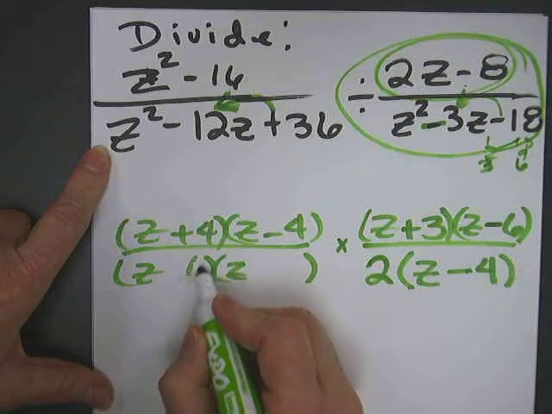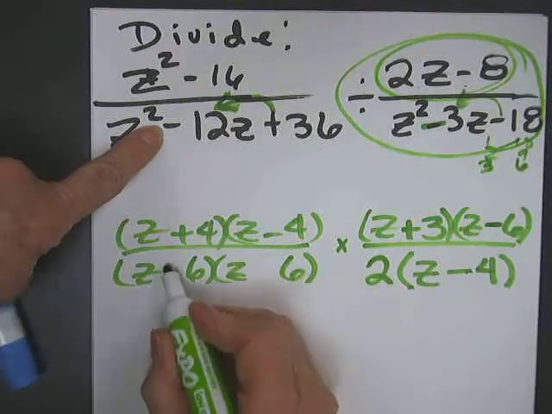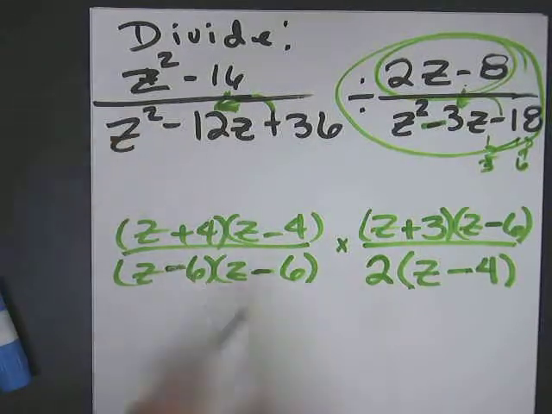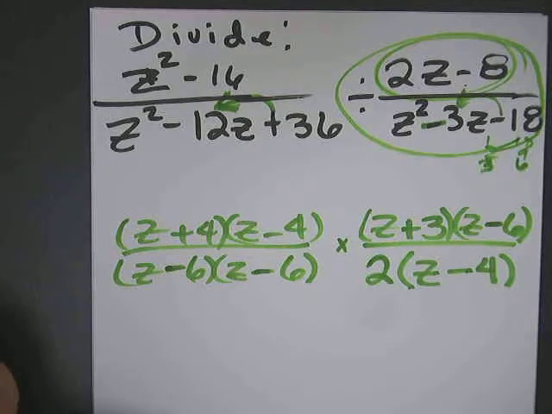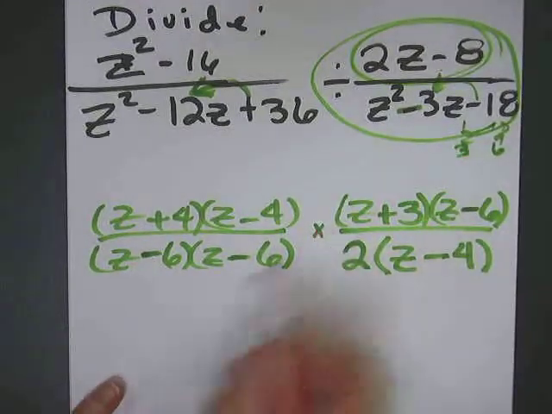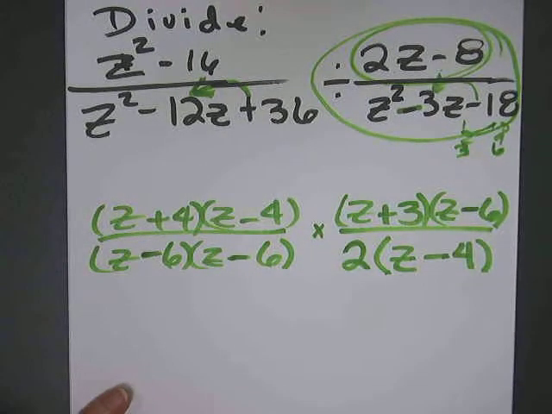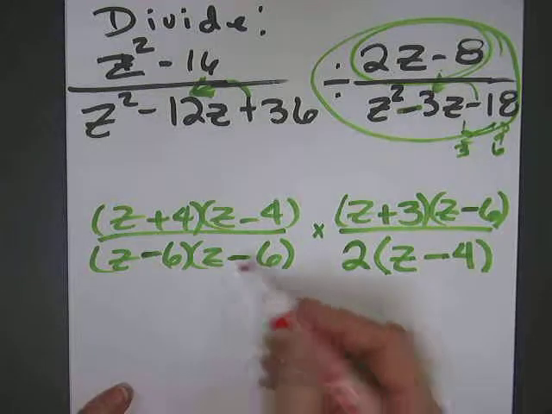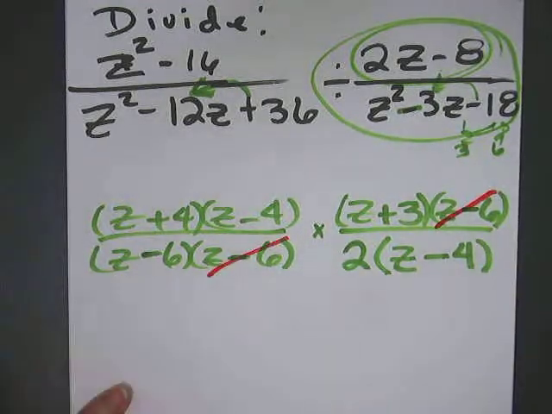Now let's do the other one. This one is difference of squares, right? So we have Z. 16 is 4 and 4, right? So you got plus and minus 4. The bottom: Z and Z. 36, they're going to add to give us 12.